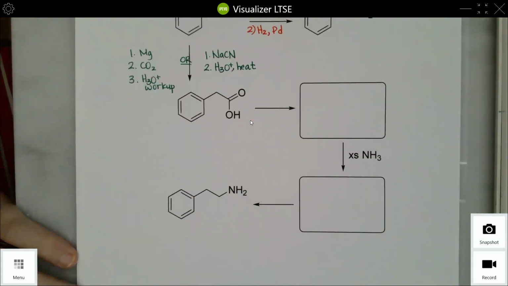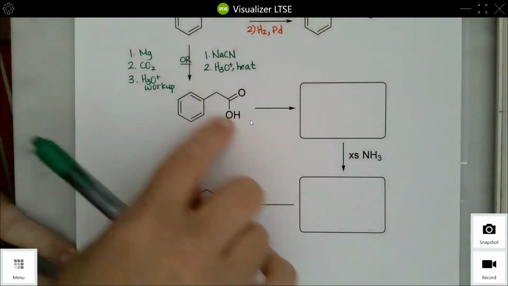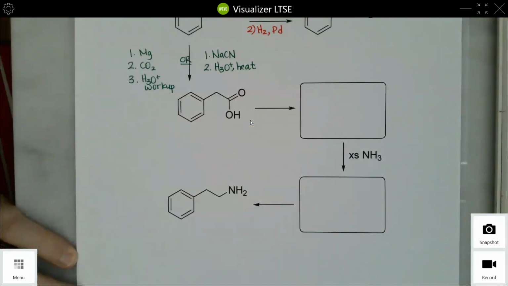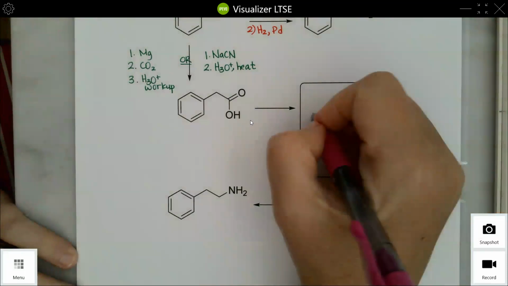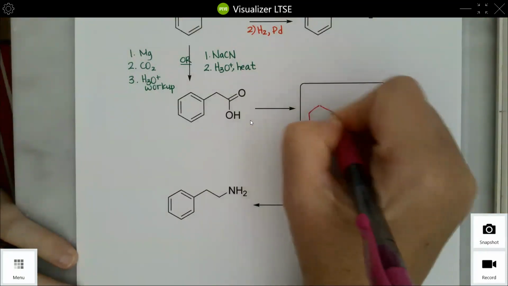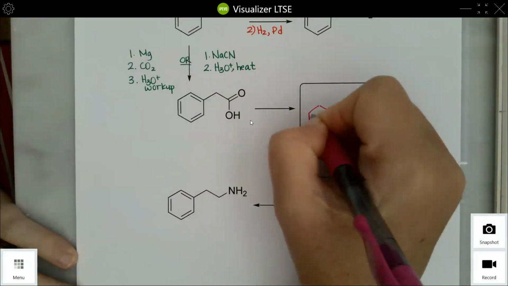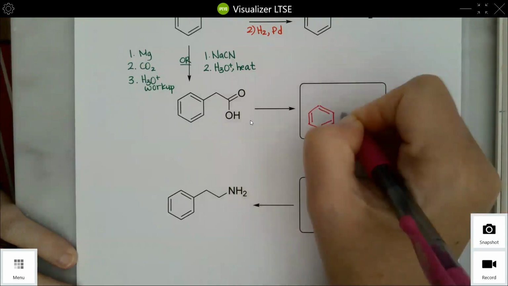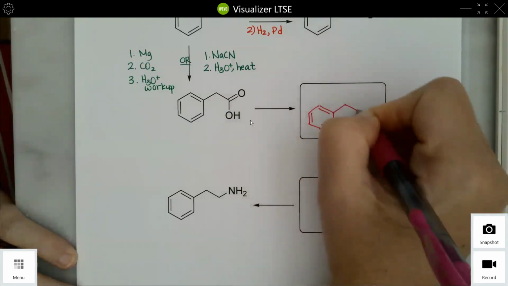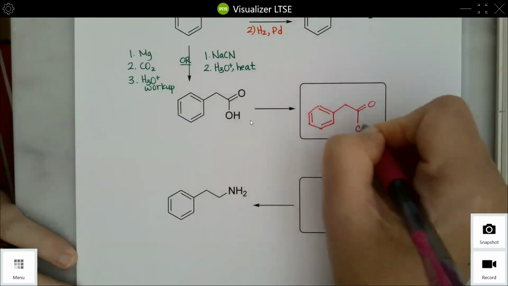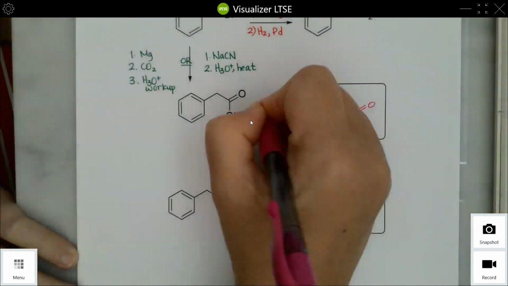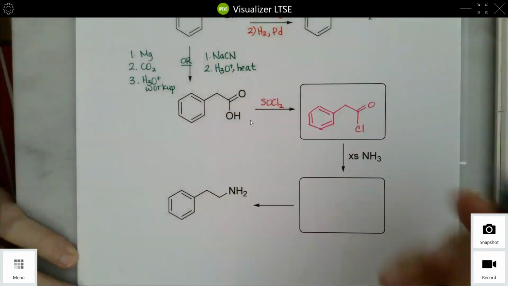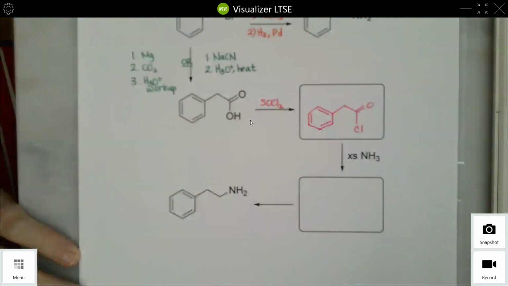Okay, from here, it looks like we want to form an amine. Remember that carboxylic acids themselves are not super reactive, but there is a way to form something that is much more reactive from a carboxylic acid. We can target the acid chloride through SOCl2. Now we have a much more reactive functional group.